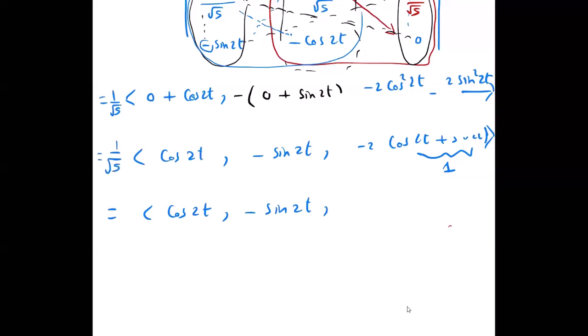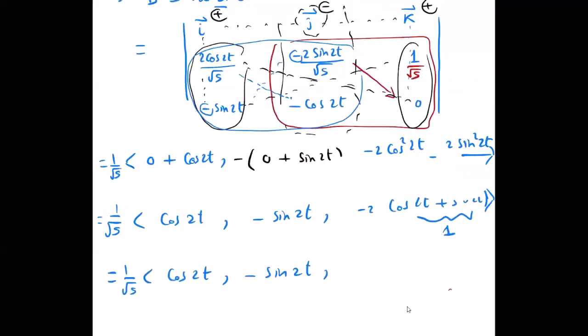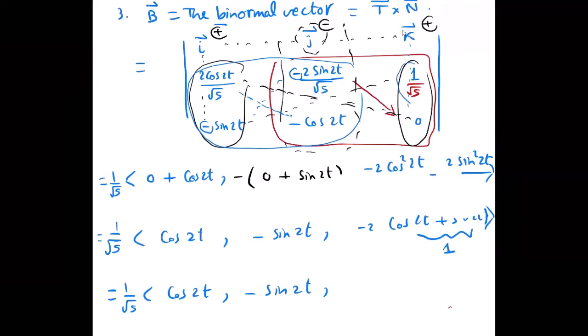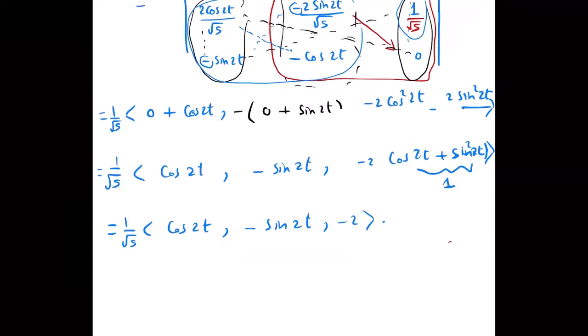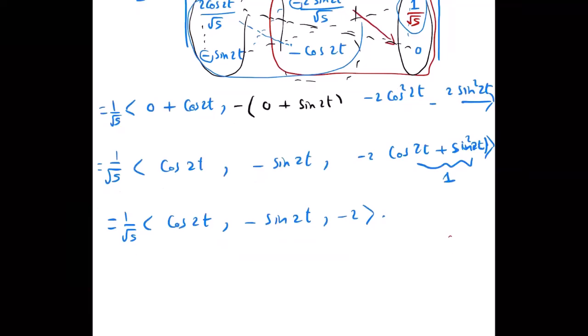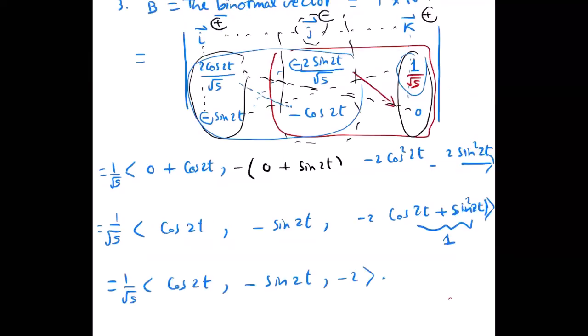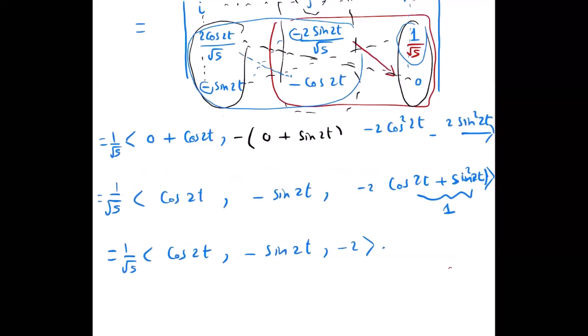I corrected the mistake here. There was root 5 missing in the third component of this vector. So we get this. Okay. You get it? Okay, there was a little mistake here, this missing root 5 in the third component.